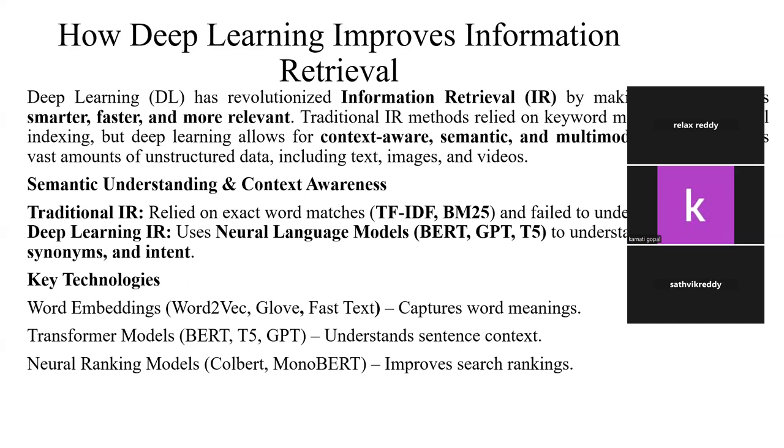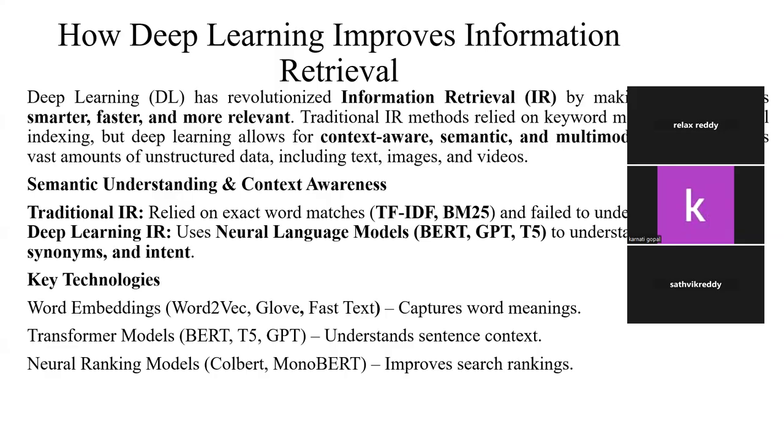Now let's see how deep learning improves information retrieval. Deep learning has transformed information retrieval by making search systems more intelligent, efficient, and context-aware. Unlike traditional IR methods that relied on exact keyword matching, deep learning enables semantic understanding using neural language models like BERT, GPT, and T5.